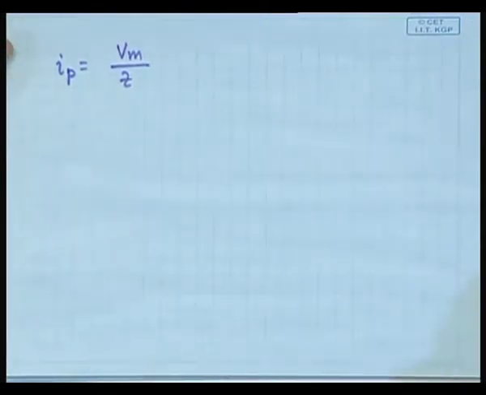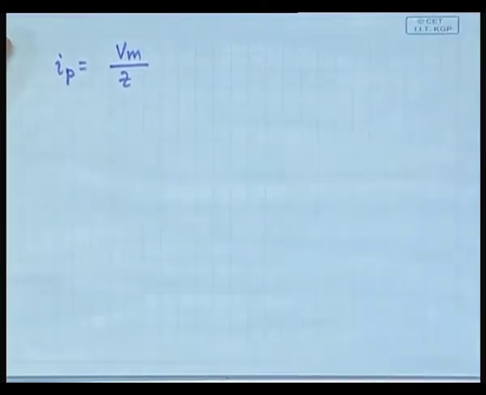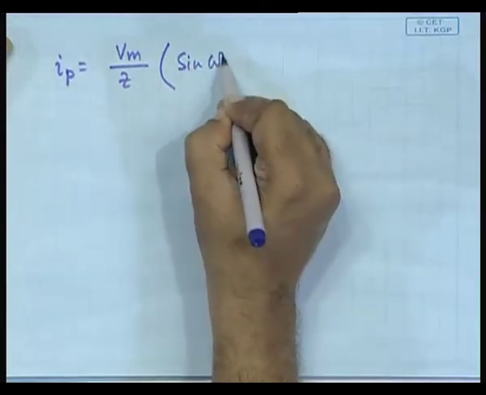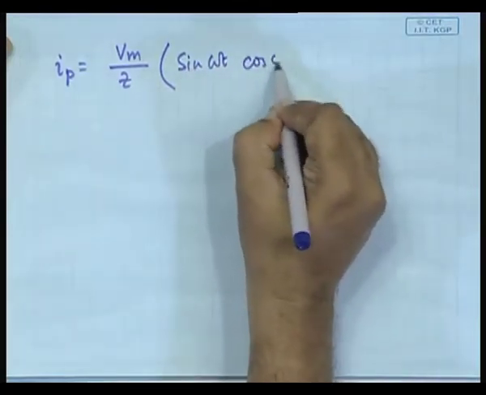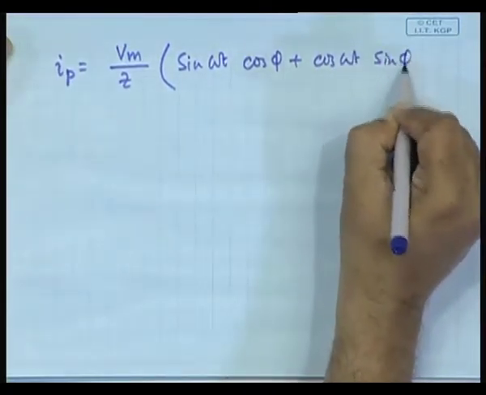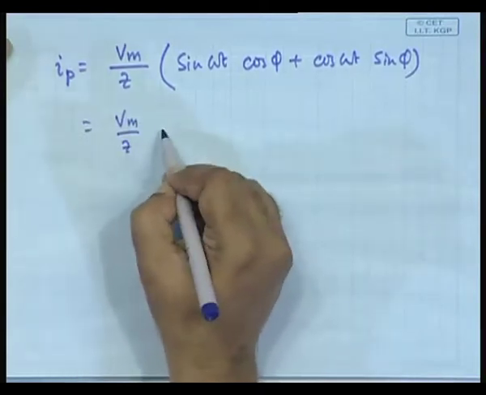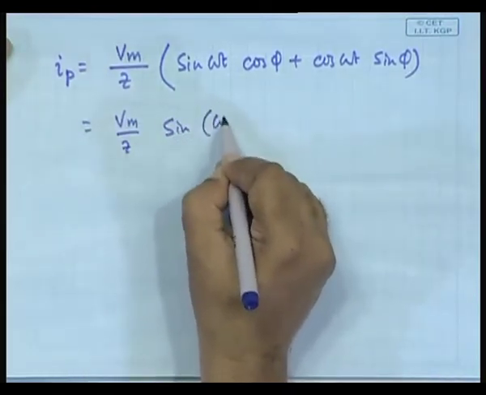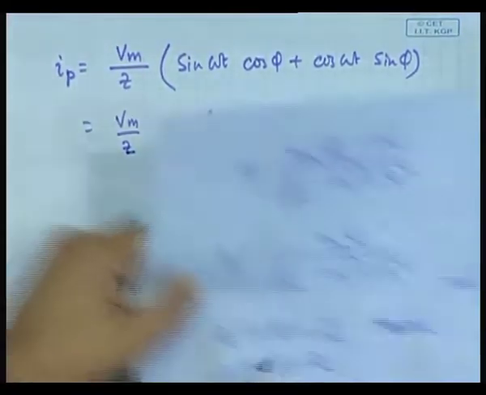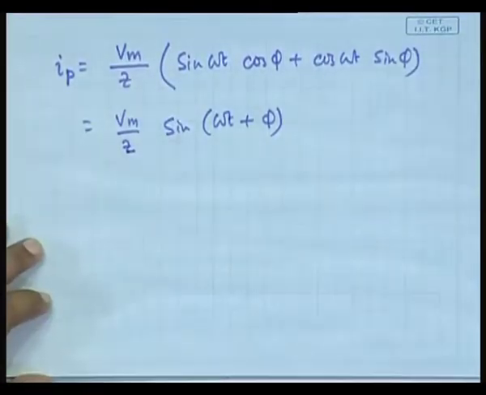Then we will write it as sin omega t cos phi plus cos omega t sin phi is equal to V m by z. You have sin omega t plus phi. Phi is now obtainable from here. So, this is the particular integral.